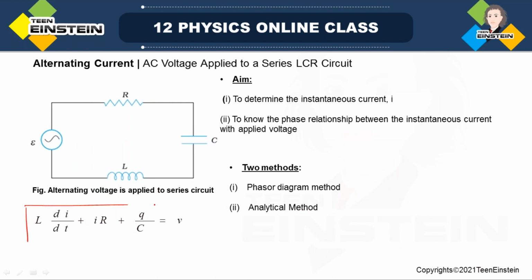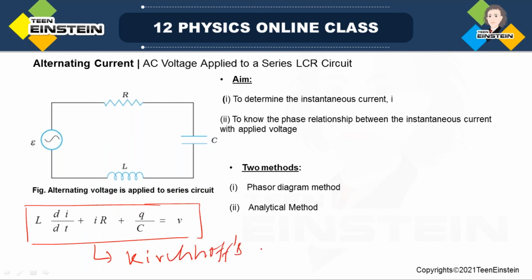I hope you don't have any problem applying Kirchhoff's loop rule. So this is what we get. Now what we'll do, we'll go to the Phasor diagram method to solve the problem.